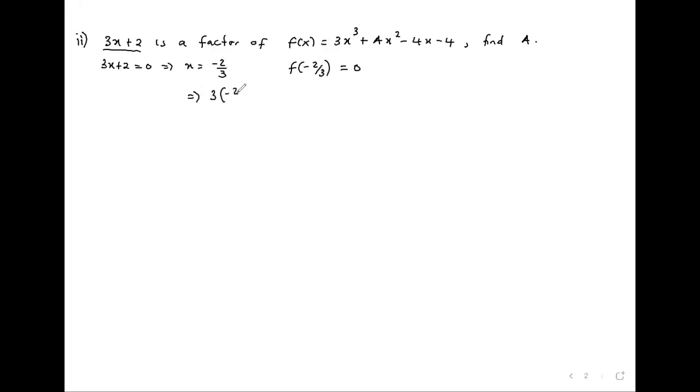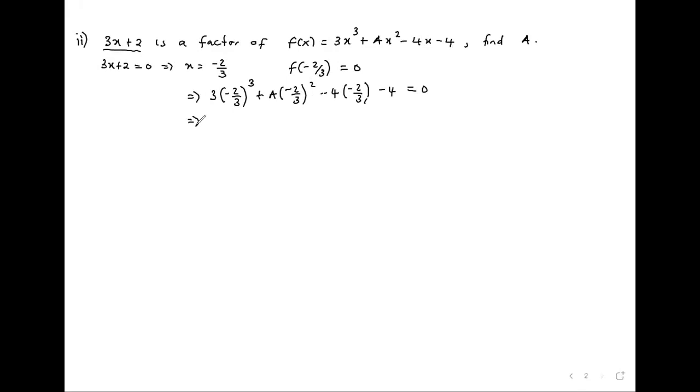have 3 times negative 2 over 3 to the power 3, plus a times negative 2 over 3 squared, minus 4 times negative 2 over 3, minus 4 is equal to 0. So we can find a. Everything else is constant.